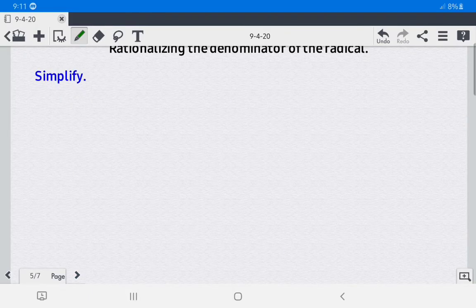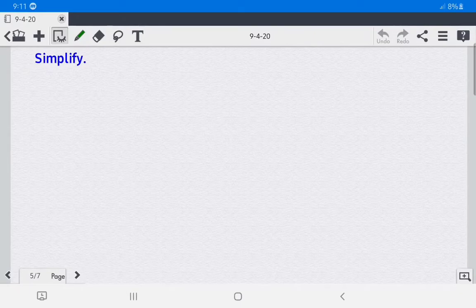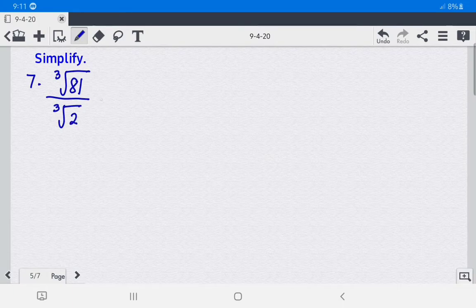Next, number 7. Let's say we have cube root of 81 over cube root of 2. Okay, so here in this case, you have to factor cube root of 81.